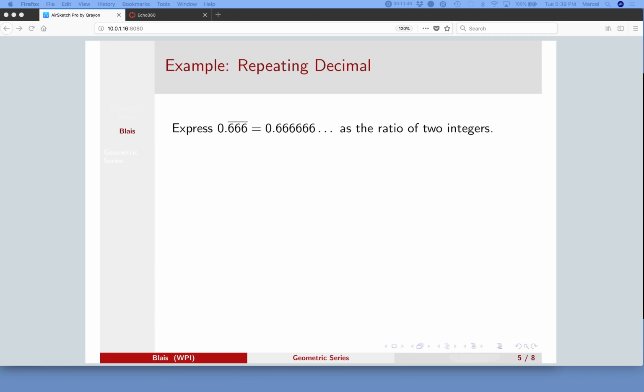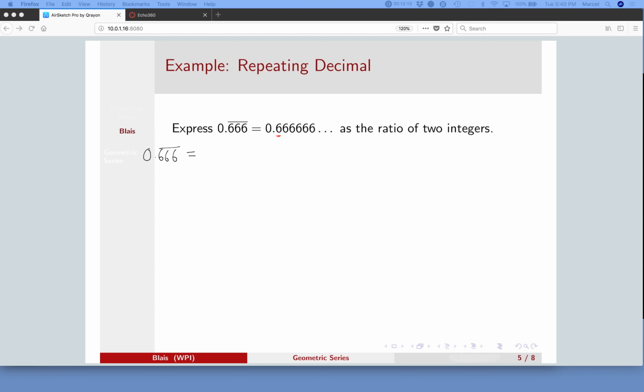And the answer is using geometric series. So we take this expression and we rewrite it by breaking it up in terms of these terms after the decimal one at a time.